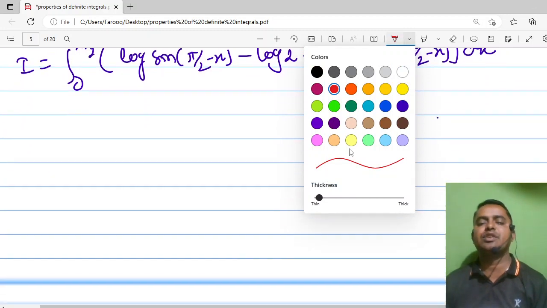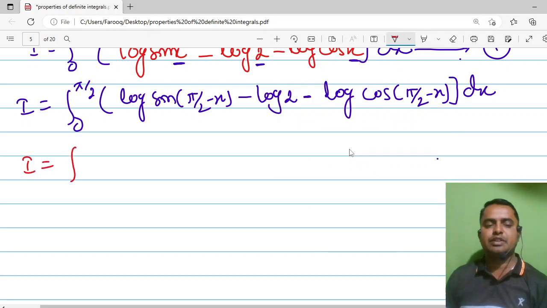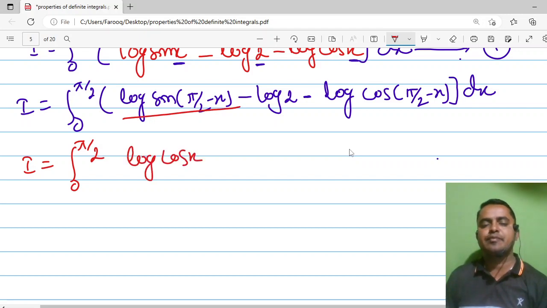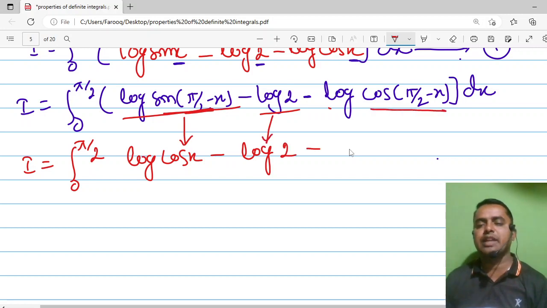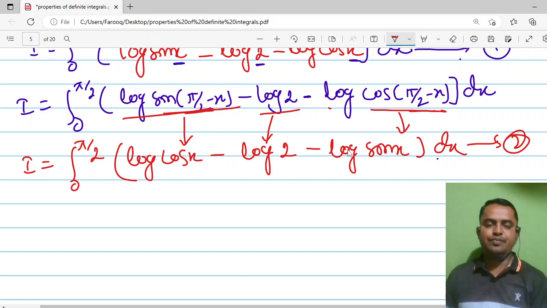Next, I is equal to integration of 0 to pi by 2, log sin of 90 minus x means log cos x, minus log 2 as it is. Sine 90 minus x is nothing but cos x. Minus log cos of 90 minus x, that is log sin x, dx. Equation 2.